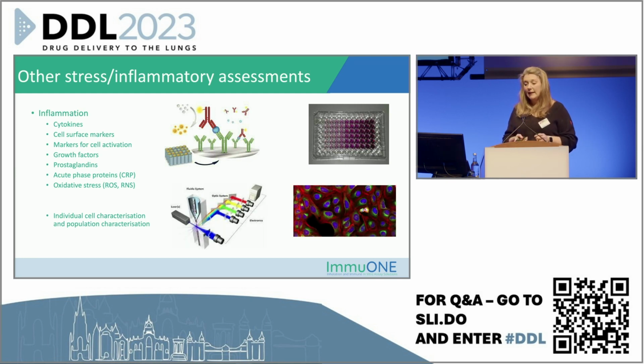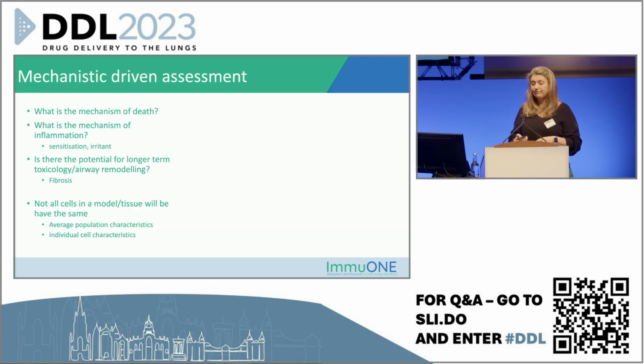But what's of real value for mechanistic information is that each cell responds differently, and understanding how each individual cell responds is key to that early mechanistic piece. If you're looking at average population data and only 10% of the cells are acting in a certain way, that's masked. But using things like flow cytometry or high content image analysis is really powerful because you can look into subpopulations of cells and understand the mechanism that's going on.